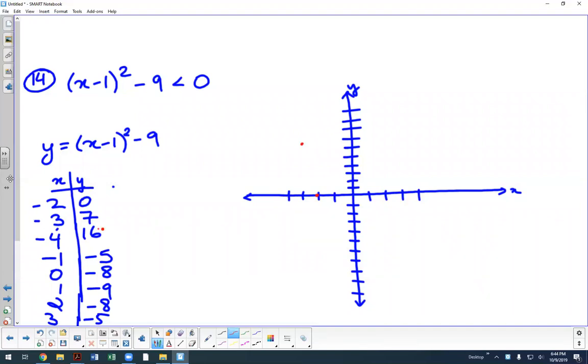Okay, so I won't really be able to graph my -4 and 16, so I'm going to leave that one out. I've got -1 and -5. So right about here. 0 is at -8. So about there. 1 is at -9. 2 is back at -8. 3 is at -5.